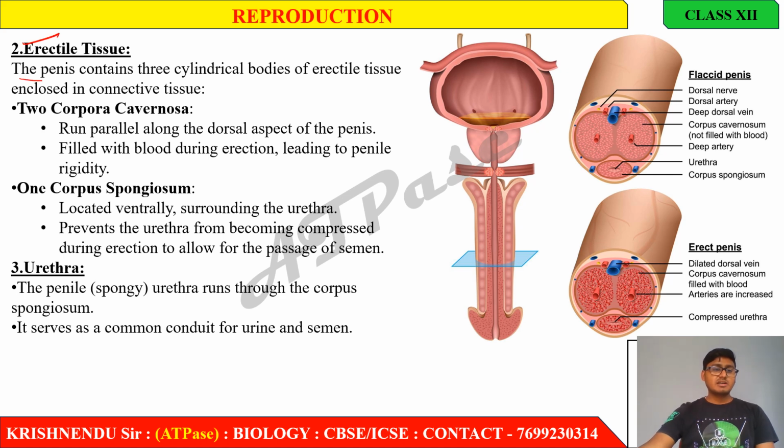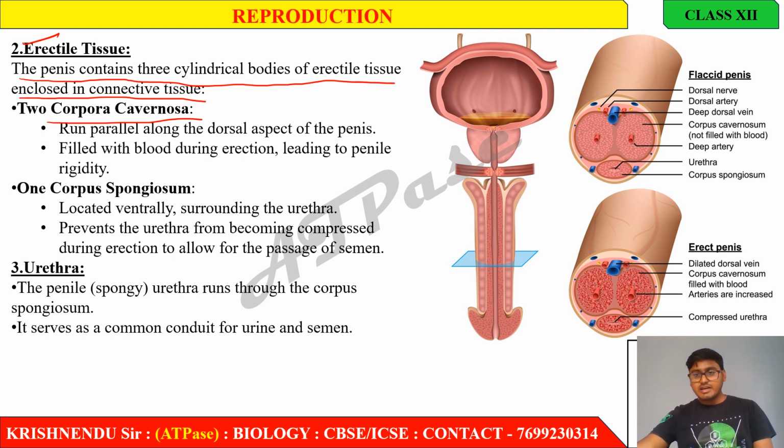Erectile tissue. The penis contains three cylindrical bodies of erectile tissue enclosed in connective tissue. Two corpora cavernosa. Look here, the corpora cavernosa is pointed.